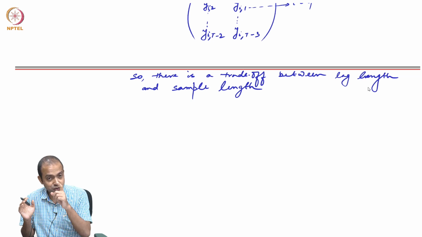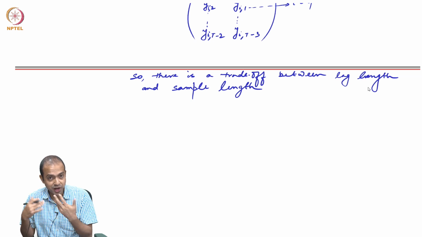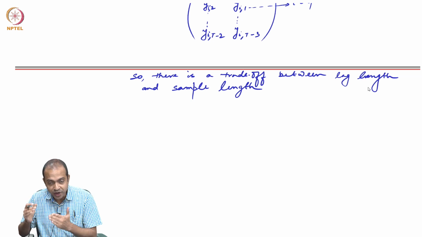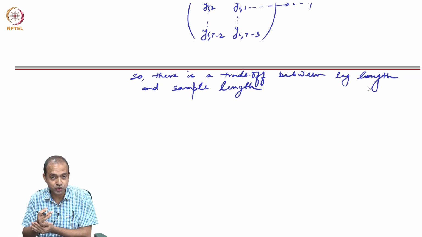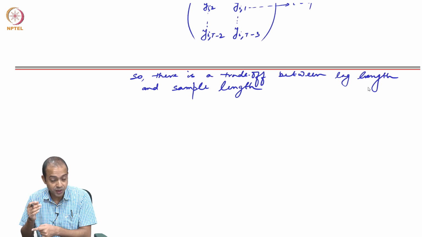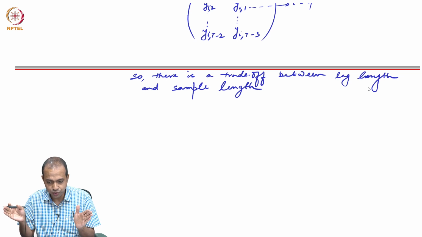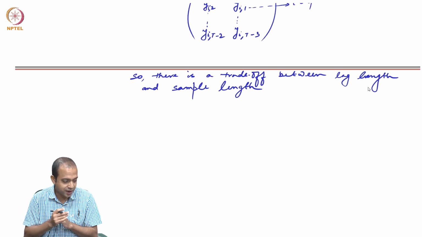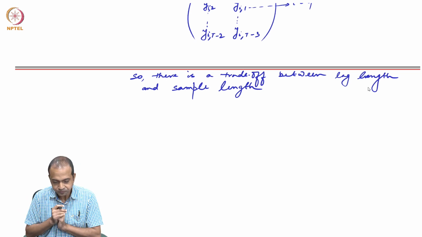I am using one single orthogonality condition, not utilizing all the information available in the system. The moment I include the additional instrument YIT minus 3, I lose 2 observations for each panel. So there is a trade off between lag length and sample length.